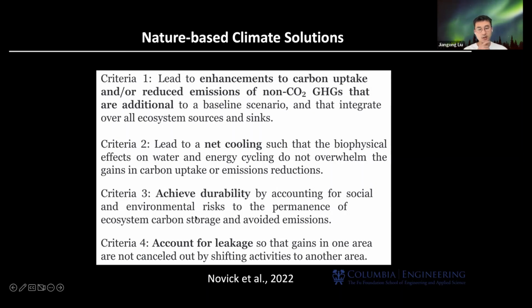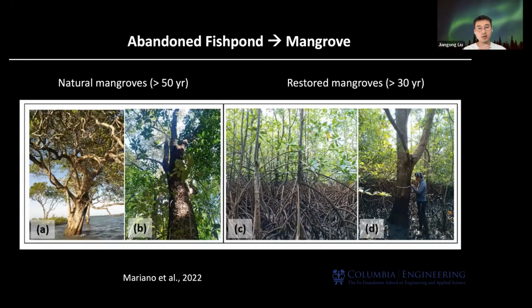And also, for fish ponds and mangroves, I think there should be some existing model that can compare the biodiversity of the two, but the fish ponds can also be critical for local food security. So we still need more information to fully assess the conversion of fish ponds to mangroves as a nature-based climate solution. But it's not bad to start from abandoned fish ponds and convert them to mangroves.